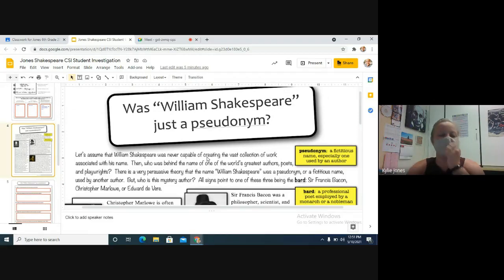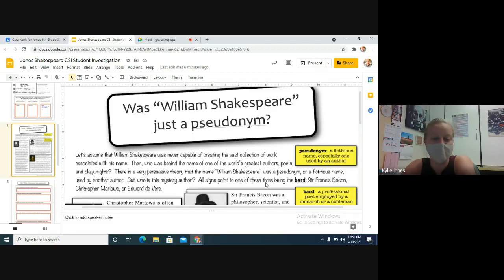So it says, let's assume that William Shakespeare was never capable of creating the collection of work associated with his name. Then who was behind the name of one of the world's greatest authors, poets, and playwrights? This is a very persuasive theory that the name William Shakespeare was a pseudonym, or a fake name, used by a different author. But who is this mystery author?